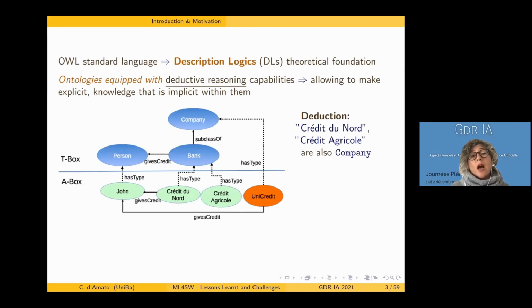Interestingly, ontologies are equipped with deductive reasoning capabilities, which allow to make explicit the knowledge which is implicit within the ontologies.